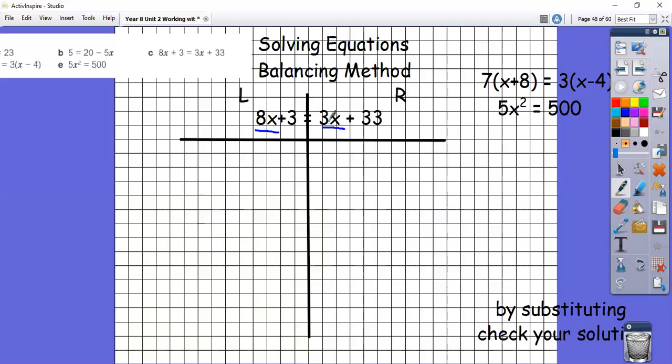And the trick is always try and do it where you're moving smaller amounts. Remember, if I move the 8x to this side, I'd have 3x plus 33 minus 8x, and that will create a negative because I'm saying take away 8x from both sides. So it's better if I move this 3x, the smaller of the two unknowns, to this side.